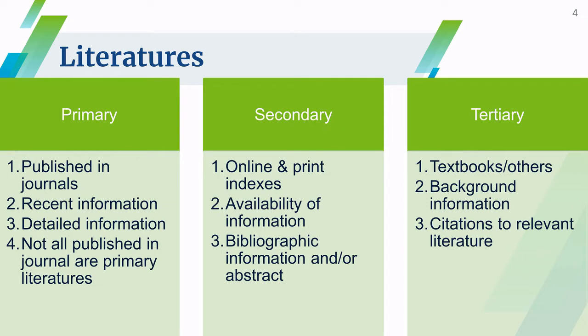The primary literature provides detailed information about that study including abstract, introduction, methodology, results, discussions, and conclusions. Whereas, secondary literature is helpful to accomplish a list of all available information on a certain topic. It only provides bibliographic or abstract information as we have seen in the previous lecture.